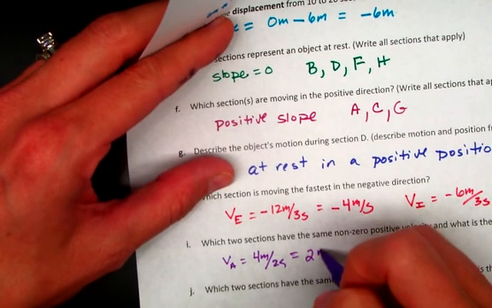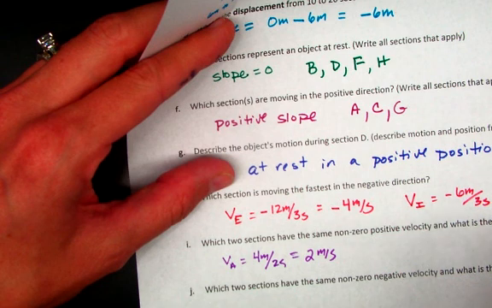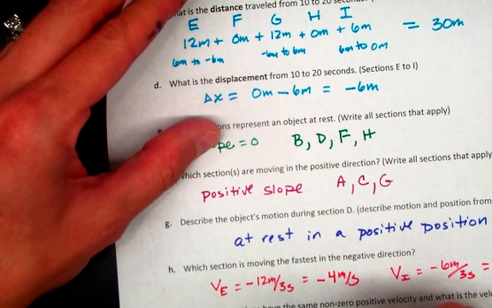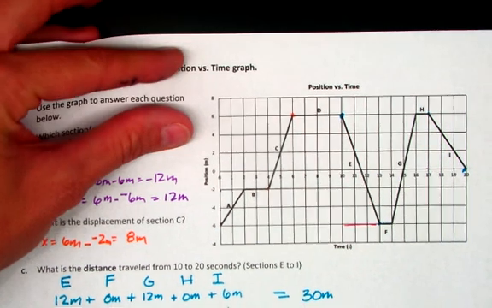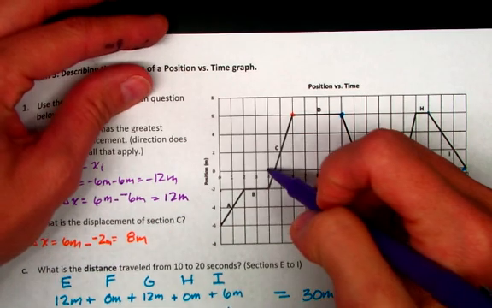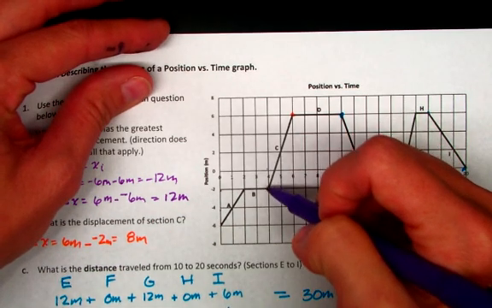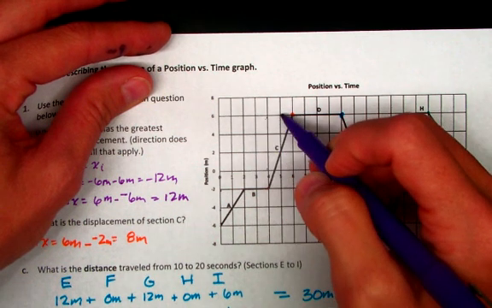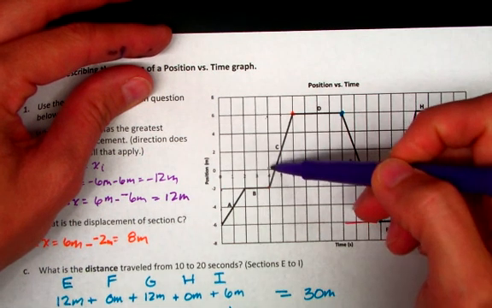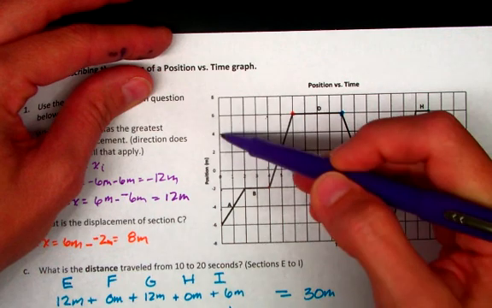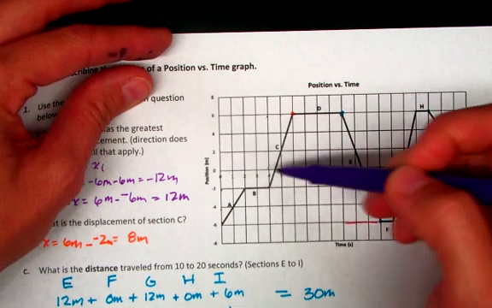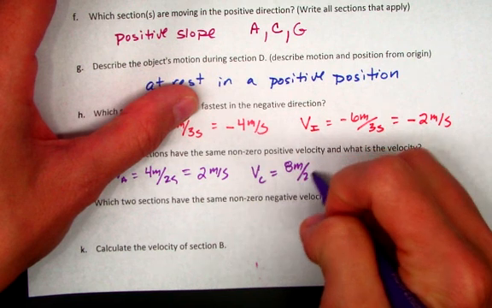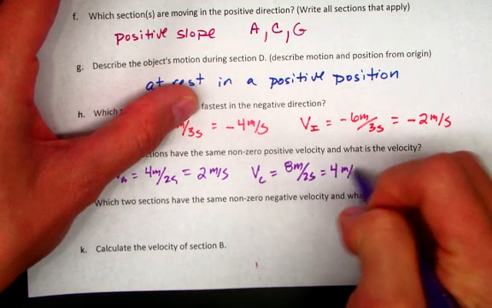So that's 2 meters per second. For the velocity of C, we're going up 2, 4, 6, 8, so up 8 and then right 2. Notice we're only going up 4 boxes, but each box is 2 meters. So up 8 meters in 2 seconds, and 8 meters over 2 seconds is 4 meters per second.